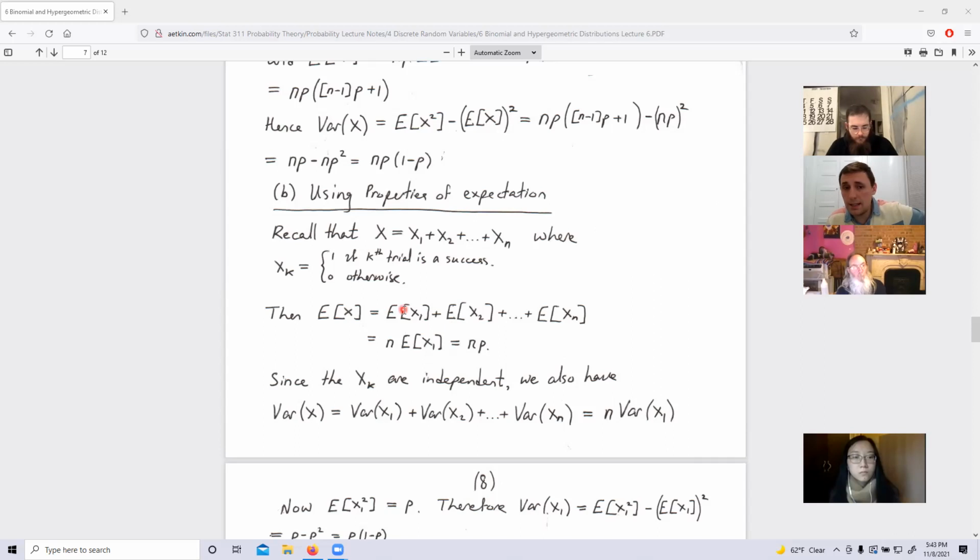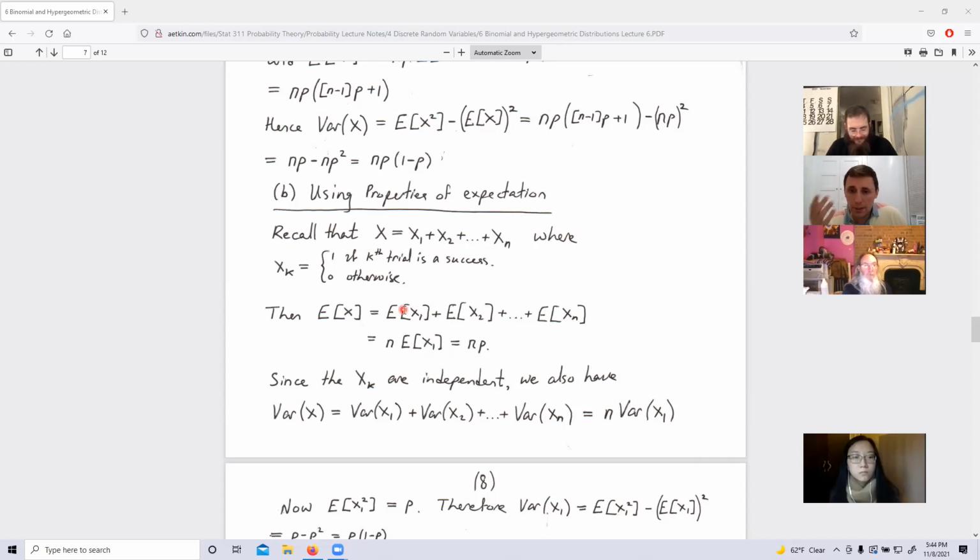Now, each of them is identically distributed. Can you see that? Each of the expected values, x1 through xn, only looks at the particular entry in the string of trials. So x1 only looks at the first trial, x2 looks at the second trial, and so on. So expected value of x1 is equal to p. Do you agree? Because the first trial will just be with probability p successful, and expected value of x2 is the same, right?